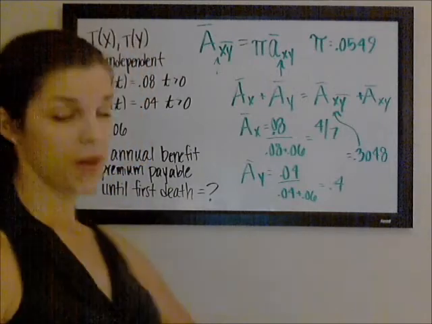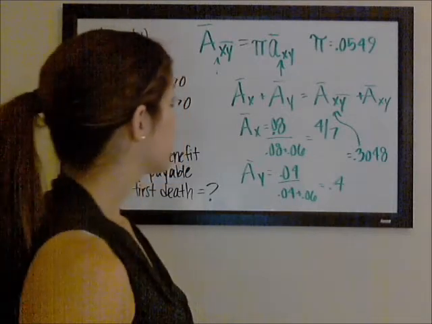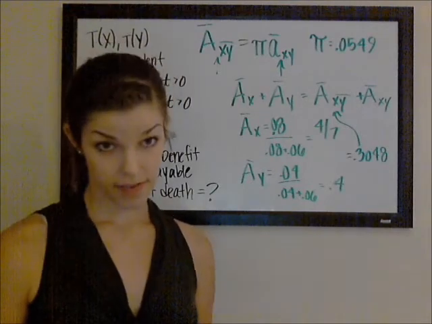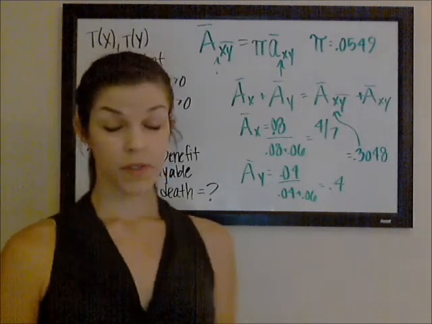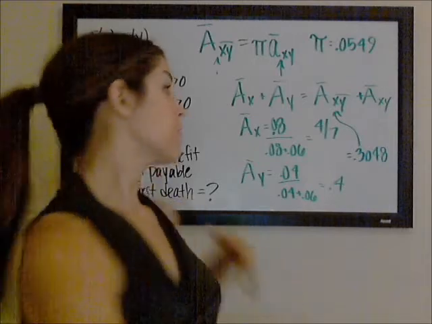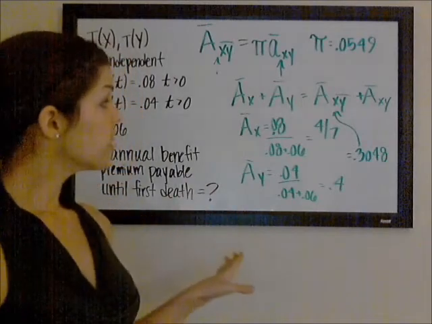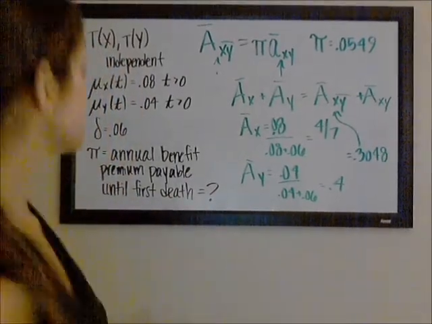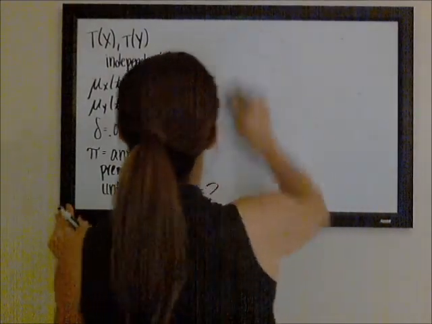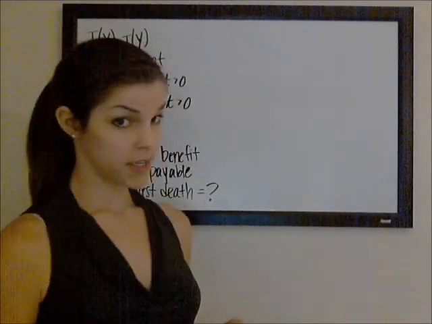Okay, so this problem was pretty straightforward. I did like it because it reminded me of a couple different things. That first of all, as long as you stick to the same status, like a last survivor status or a joint status, all the principles that were true before for single lives, you'll be able to still use now. For example, the relationship between insurances and annuities. One case in which that does not hold is for premiums, and that is because premiums are going to be quotients of the insurances and annuities.